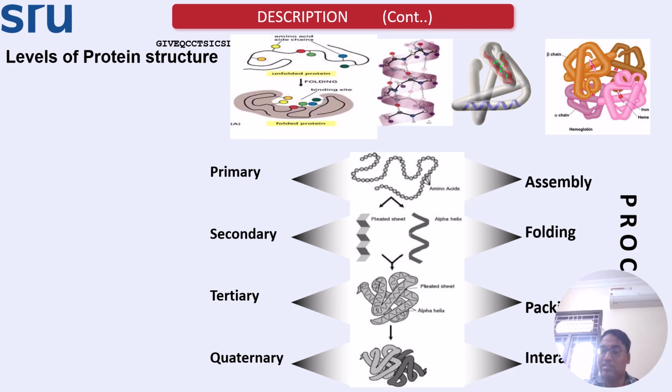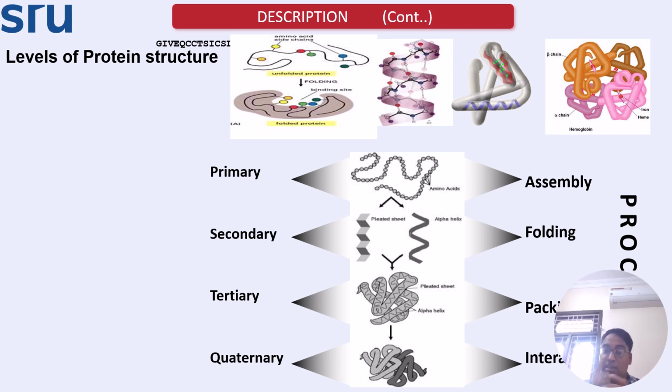When those secondary structures combine together, it forms tertiary. When those tertiary structures combine together, it forms quaternary. But how it comes up: primary is only because of assembly of amino acids. It is because of folding of proteins, folding of amino acids, how the things are uniting together.